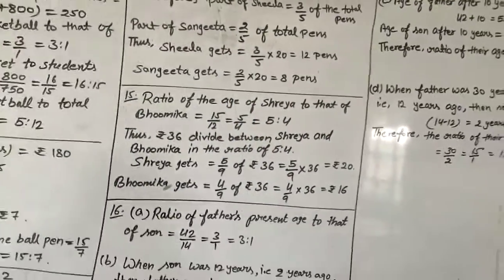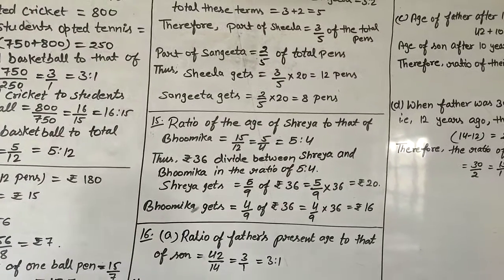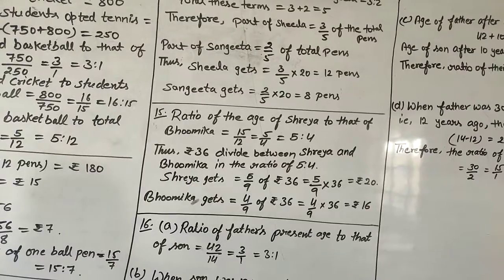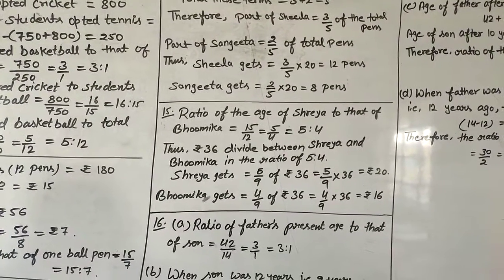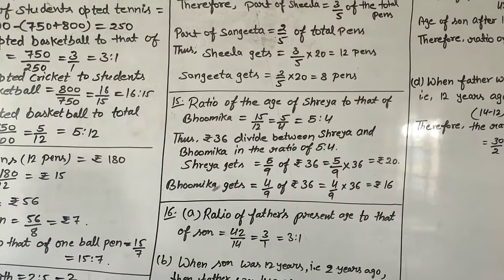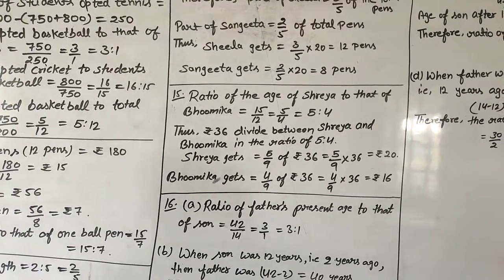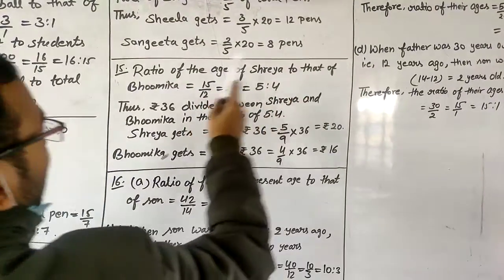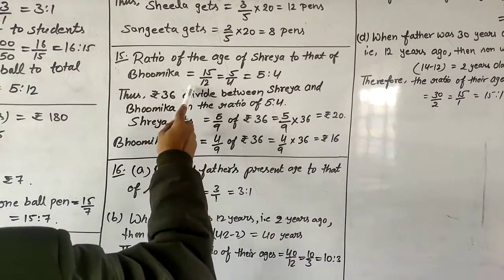Question number 15: Mother wants to divide rupees 36 between her daughters Shreya and Bhumika in the ratio of their ages. If the age of Shreya is 15 years and the age of Bhumika is 12 years, find how much Shreya and Bhumika will get. So the ratio of the age of Shreya to that of Bhumika is 15 upon 12.